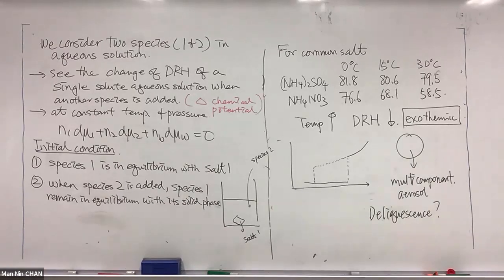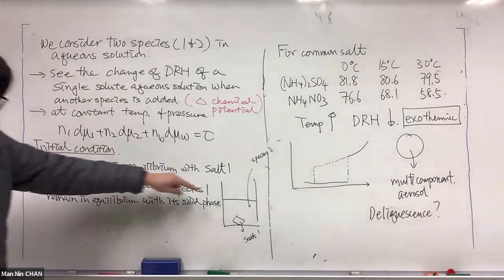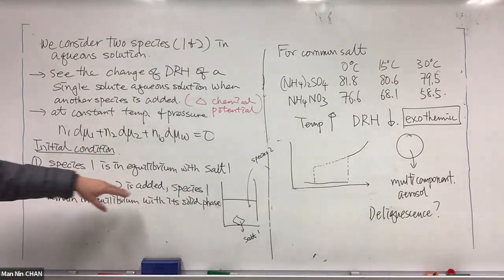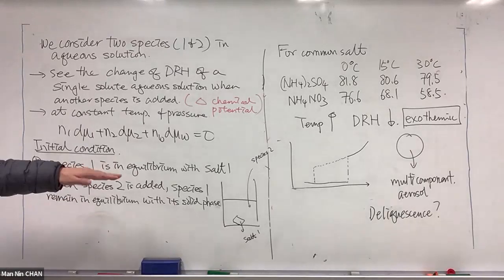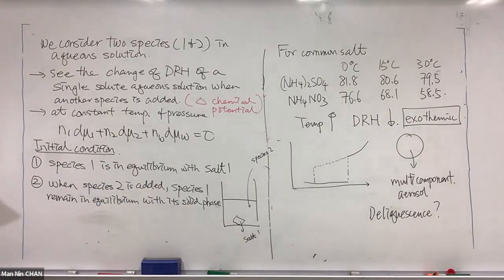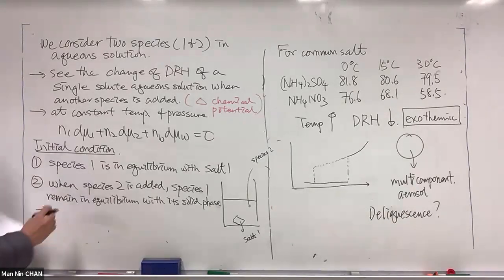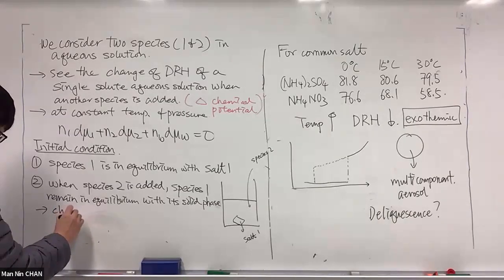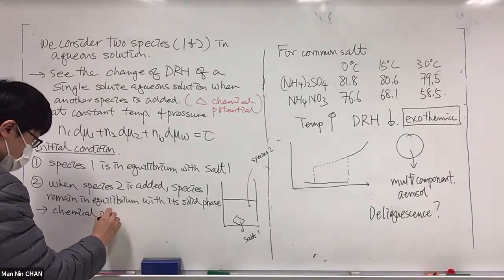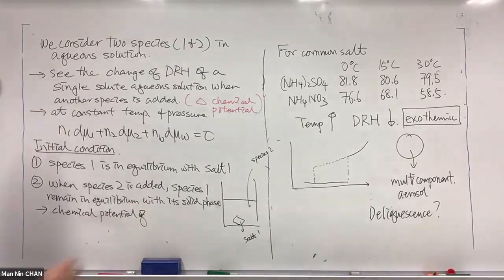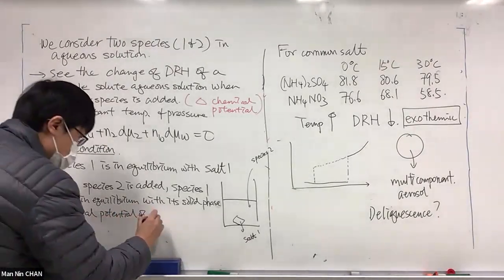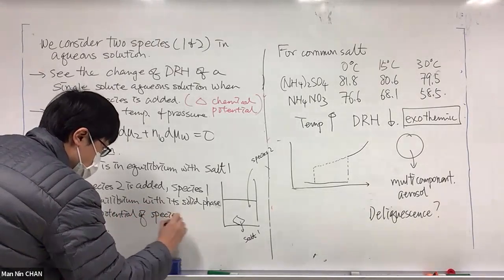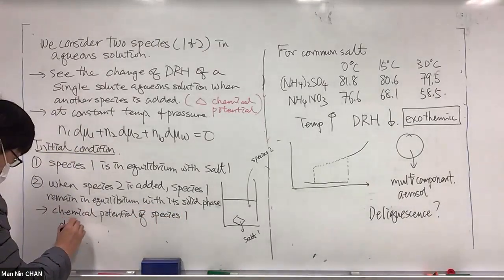If you agree with this argument, when I only add a certain amount of my species 2 into my system, it will not affect the equilibrium of the species 1 between the solution phase and this solid phase. Therefore, in this case the chemical potential of my species 1 does not change, because nothing happened.